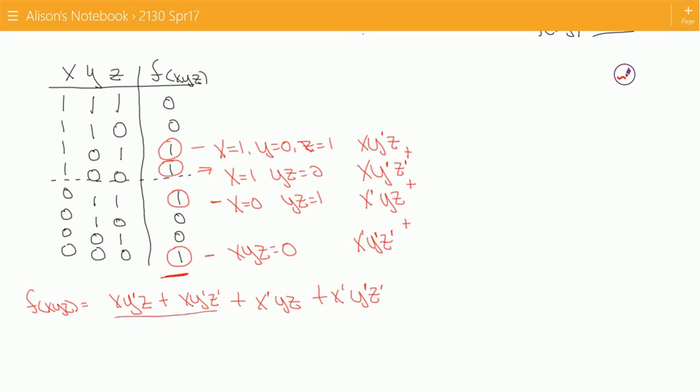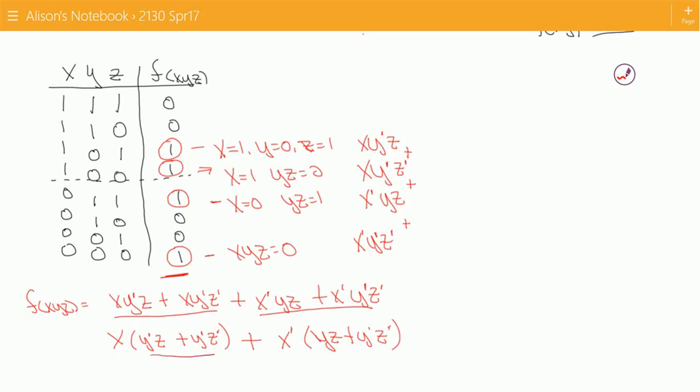If I look at these two, I can see that they have an x in common. So why don't we factor out the x? And then if I look at these two, I can see that there is an x naught in common, so why don't we factor those out? Very good.